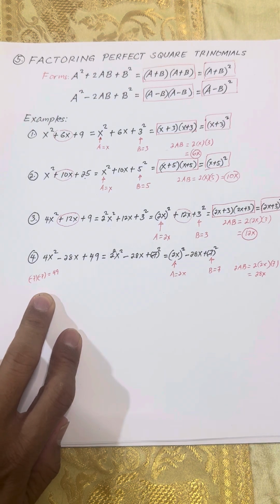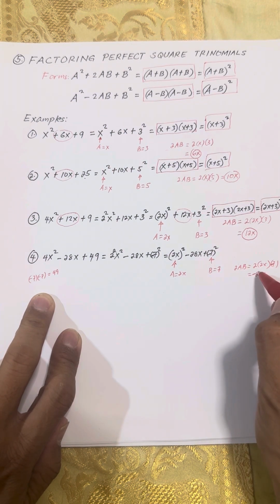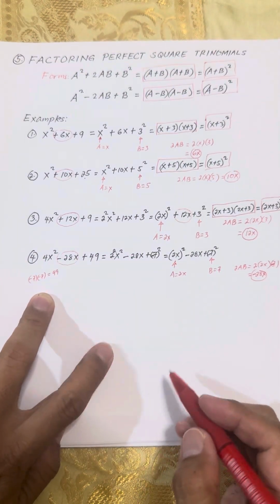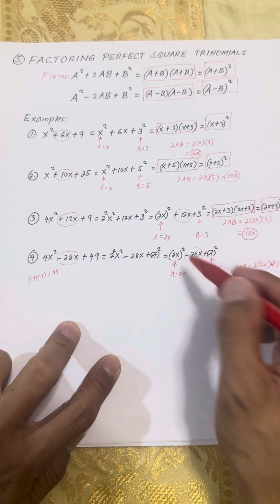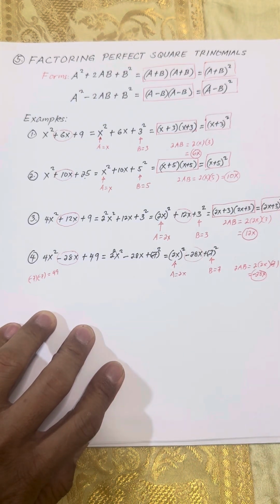So therefore our 7 here is negative. Our result is negative 28x, which is the same as the middle term of the given. Therefore we can say that this is a perfect square trinomial.